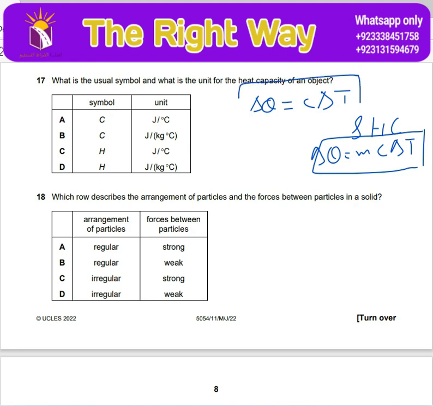For heat capacity, C will be equal to delta Q by delta T, and it is joule per coulomb. A, C is its symbol and joule per coulomb is its unit.